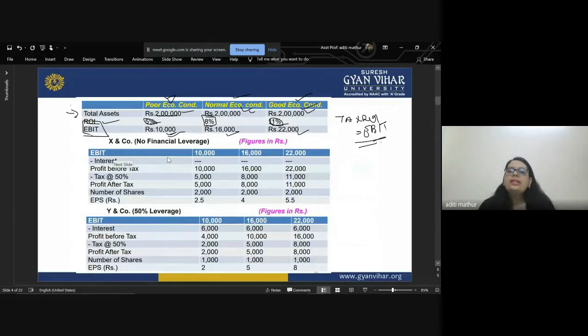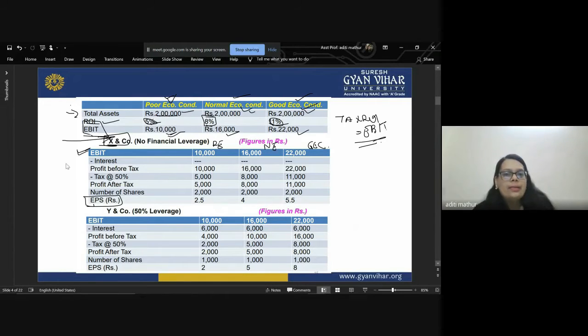So now let us first calculate for the X and company where there is no financial leverage. That means the company has issued equity and they have a capital structure of only equity. So for this, let us first understand how to calculate EPS for X and company when we have poor economic condition, normal economic condition, and good economic condition.